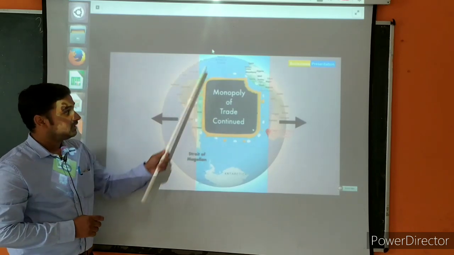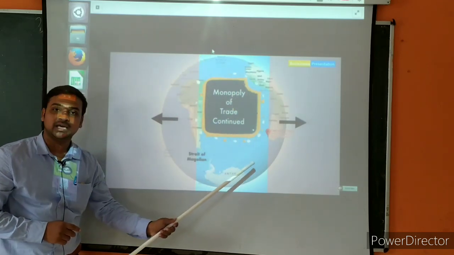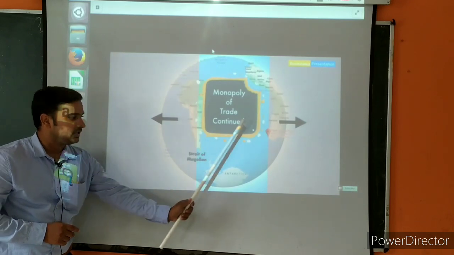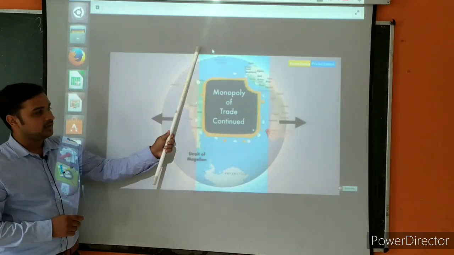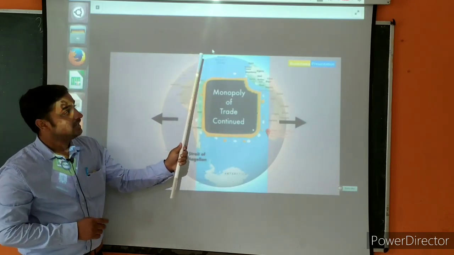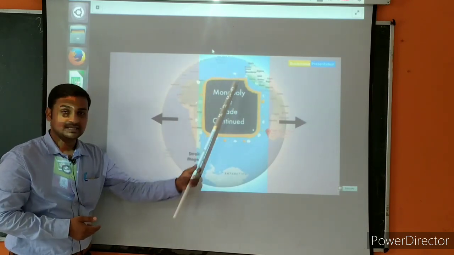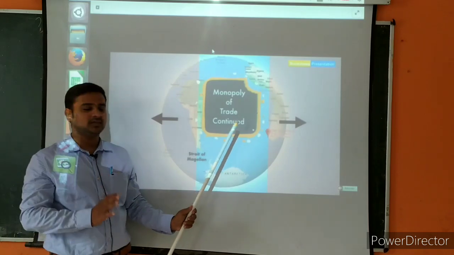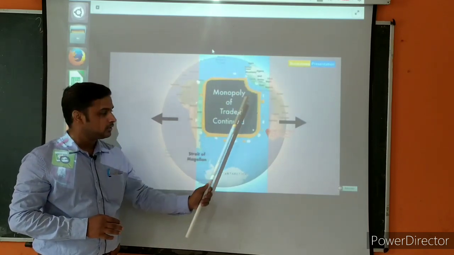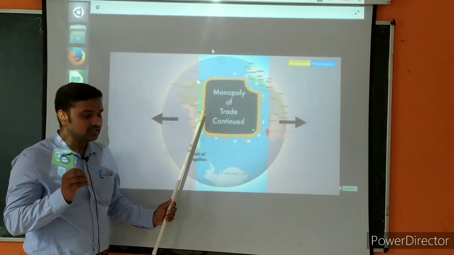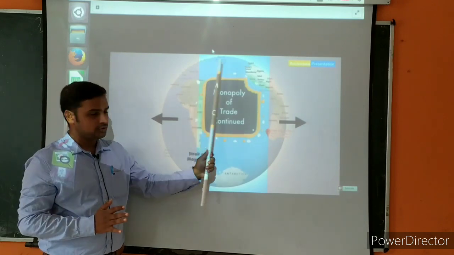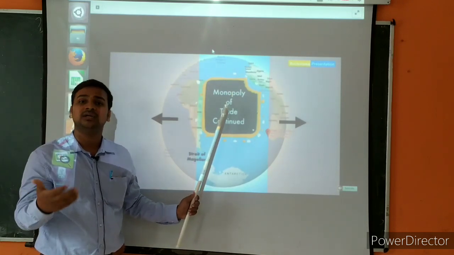What it means? This is the large area of Atlantic and Indian Ocean itself, where Britishers were free to trade and nobody else was involved in this criteria. Only the Britishers were given some monopoly to trade over here. So they were given free hand to trade and to explore themselves.